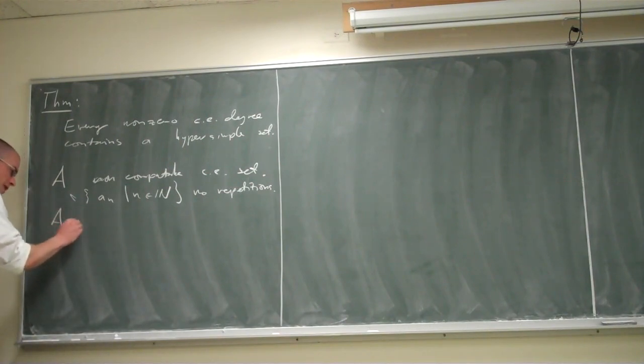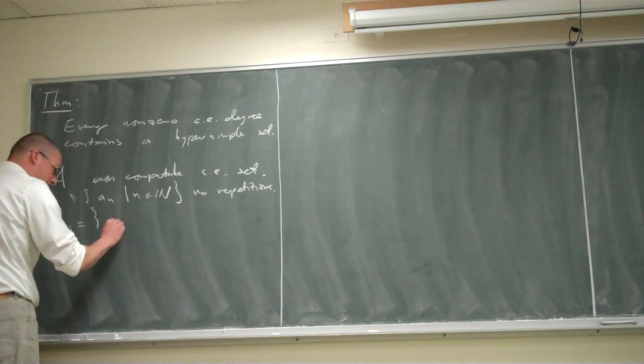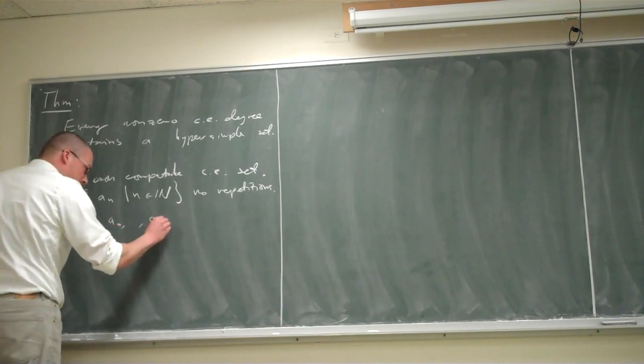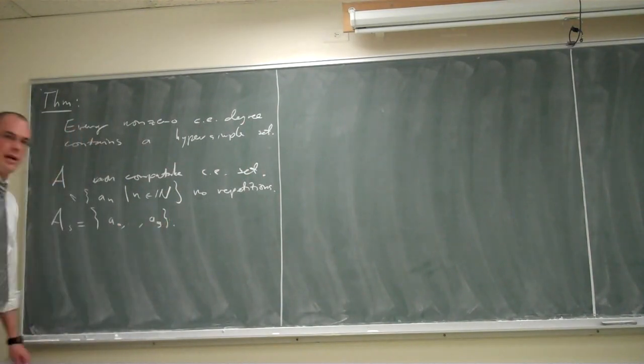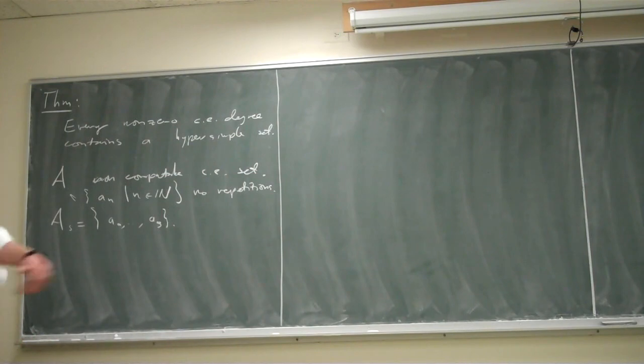So from this we can now also define approximations. Our Sigma 1 approximations, more and more things are in there, and we let it agree with the enumeration that's given by this computable injective function.